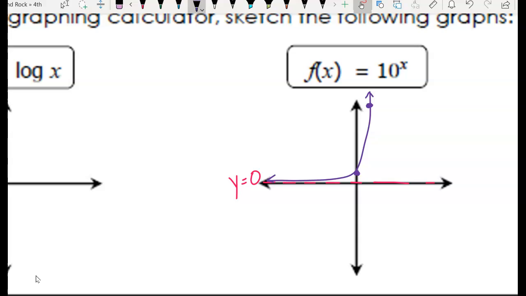This is what the paper last class was trying to get you to realize, that log and exponentials are inverse functions. They're inverse operations.